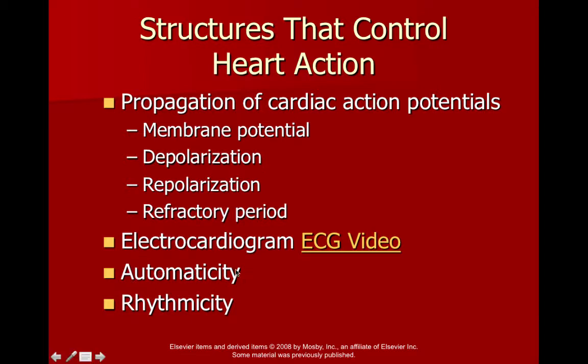Automaticity, or however you want to pronounce this word, means that we're not dealing with a voluntary motion. The heart doesn't beat voluntarily. The heart beats spontaneously with no stimulus.